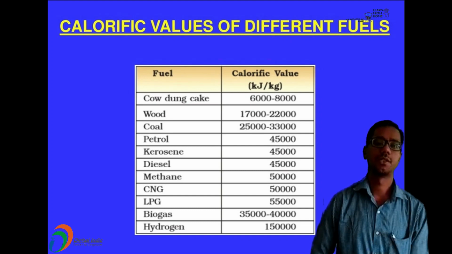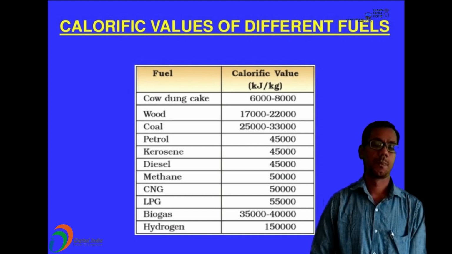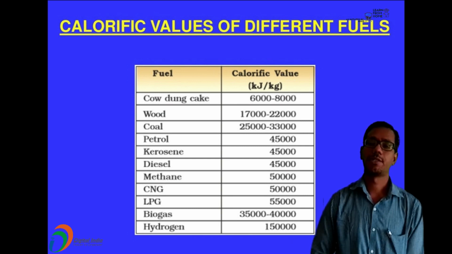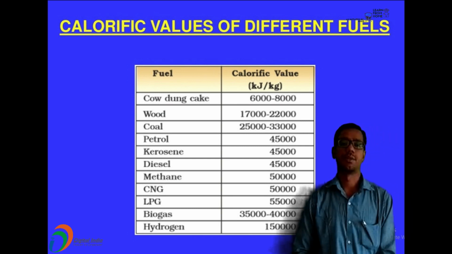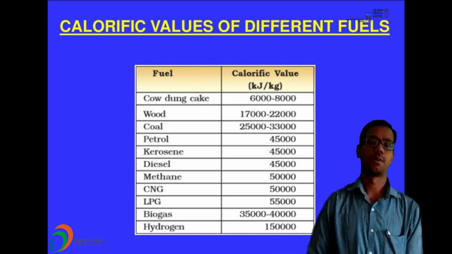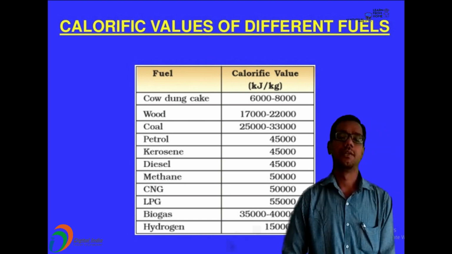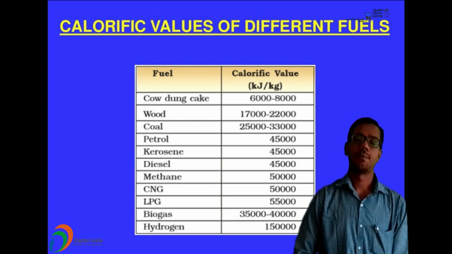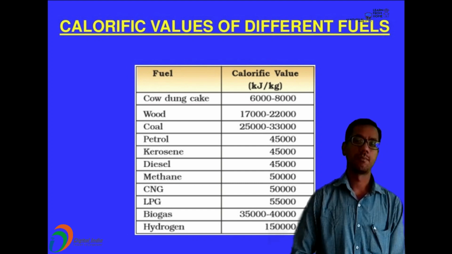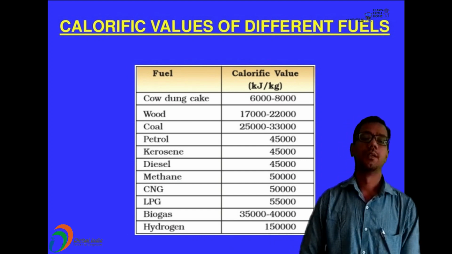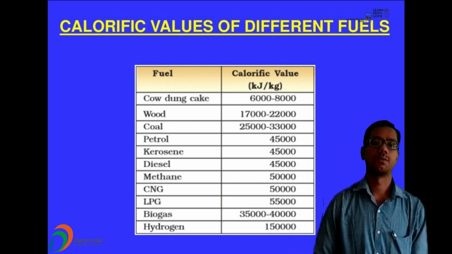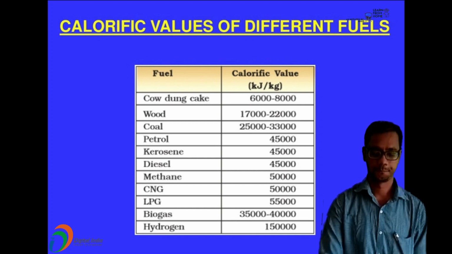So in today's lecture we learned the requirements for combustion, that is combustible substance, oxygen, and ignition temperature, types of combustion with their examples, then different kinds of substances we use as a fuel.